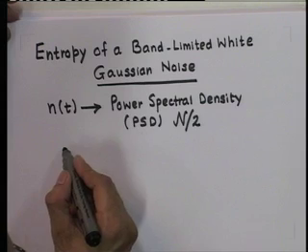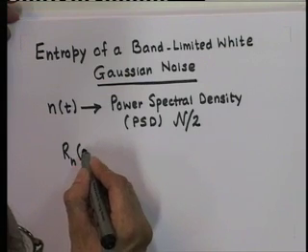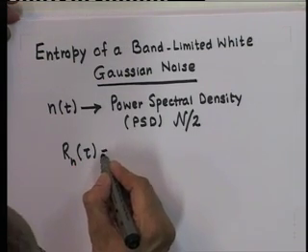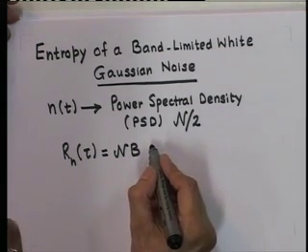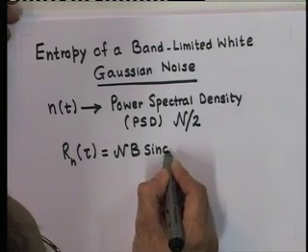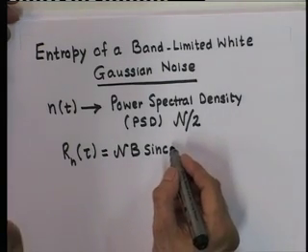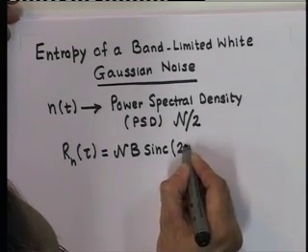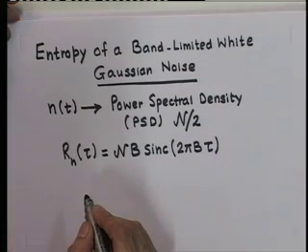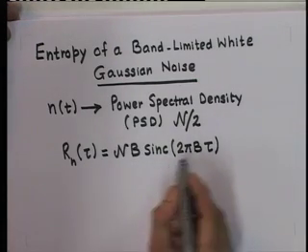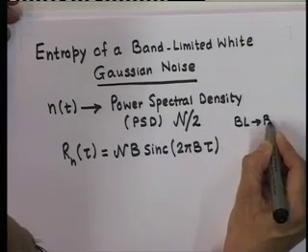So, in this case, it implies that the autocorrelation function for the noise can be written as n times the bandwidth B multiplied by sinc function 2 pi B tau; this is band limited to B.